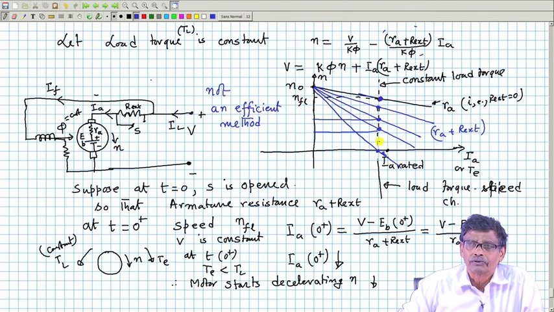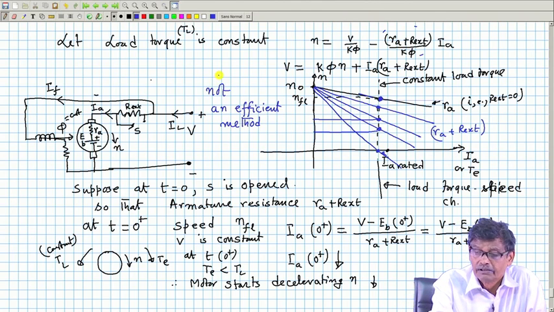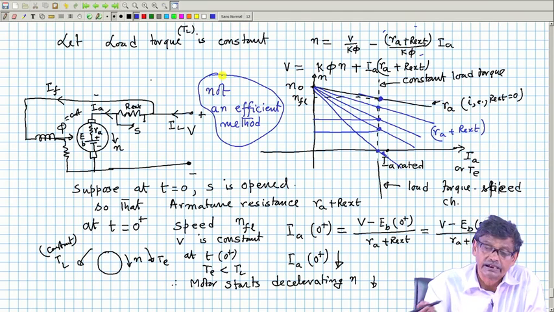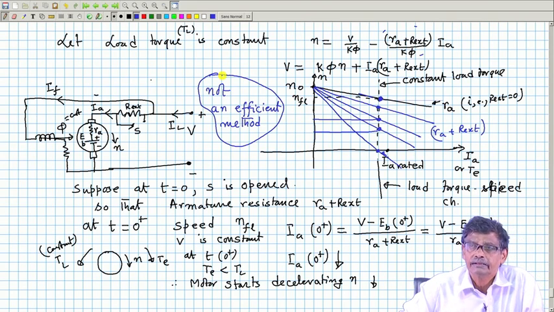A smooth control, very nice method apparently, but it is not at all efficient, because the armature will always draw rated current, and I square into R external will be a huge power loss in the armature circuit.